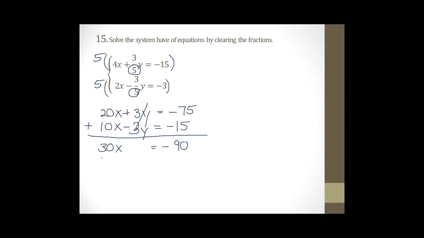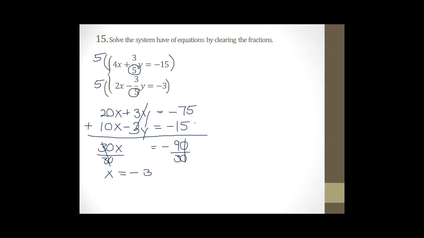Solving for x, so divide on both sides by 30. And I'm left with x equals negative, the zeros cancel out, so 9 divided by 3 is negative 3. Okay, I found my x value, and I am supposed to go back to one of my original equations, but I don't like fractions, so I'm going to choose one of the two equations that I have already cleared the fractions.